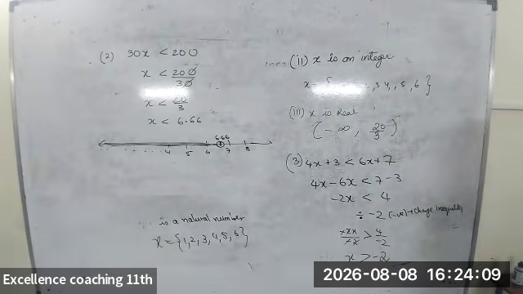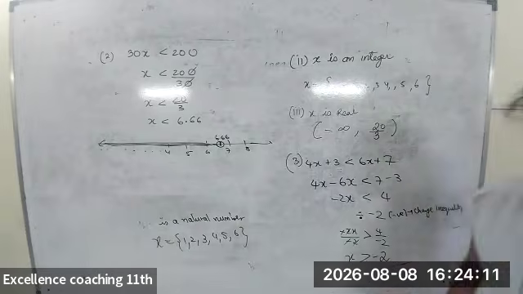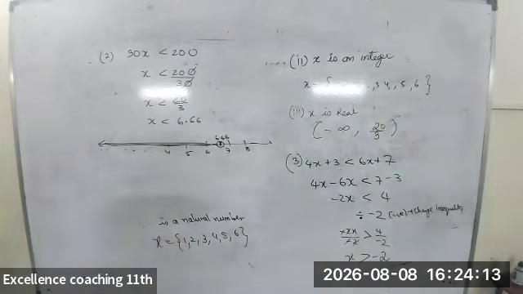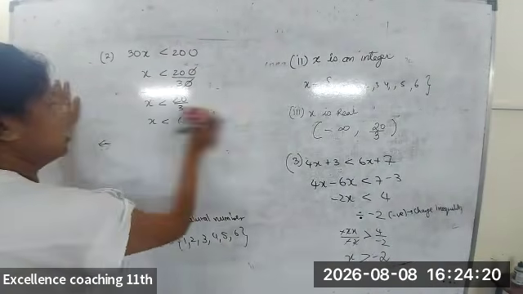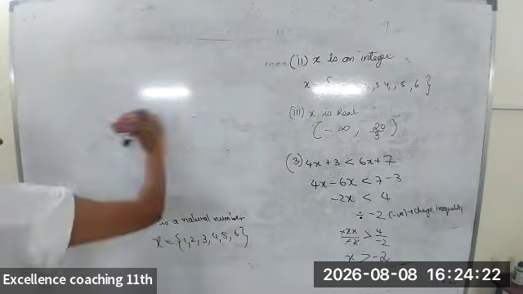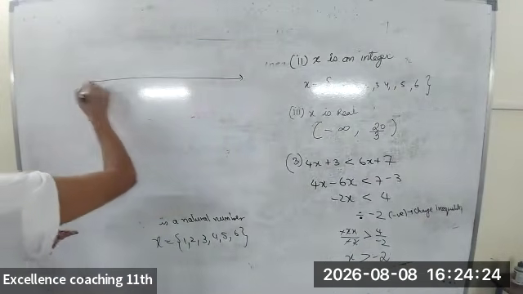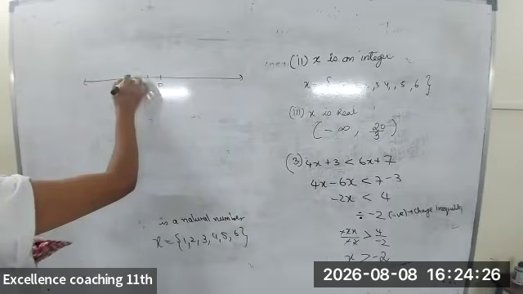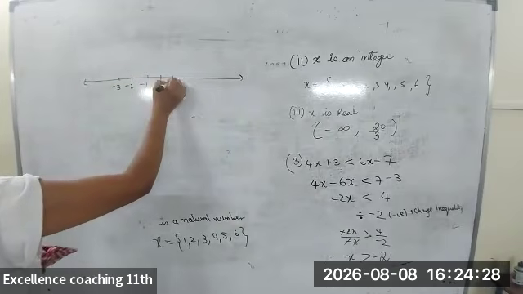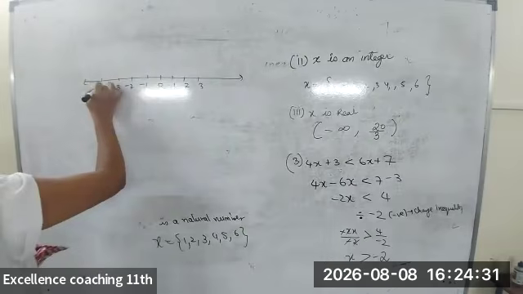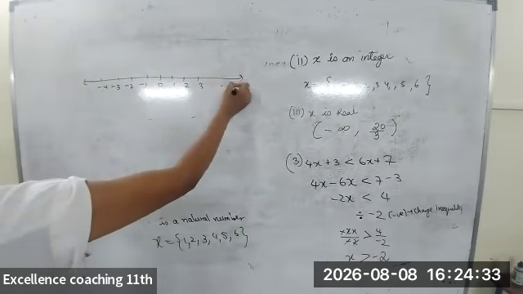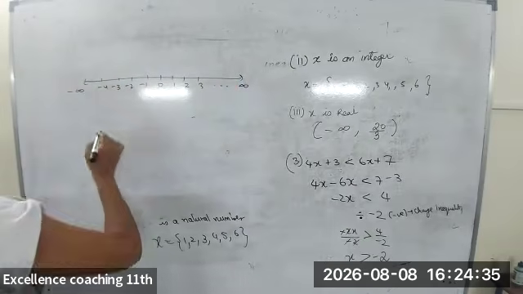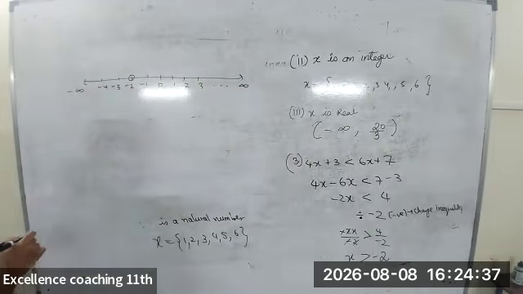Now x greater than -2. So on the right hand side, you have to shade. -2 means here.